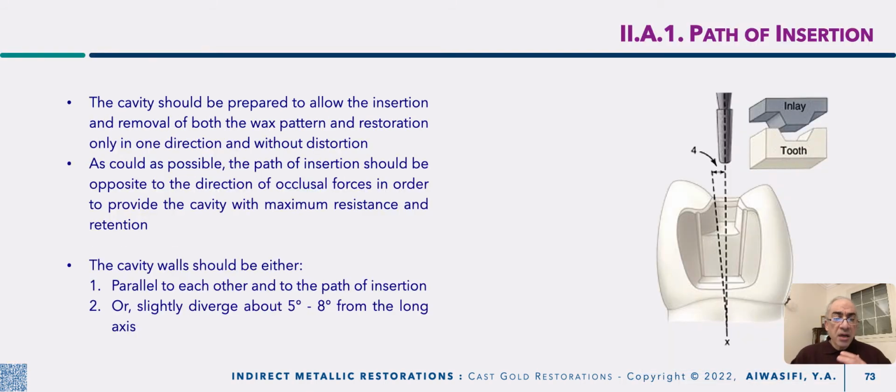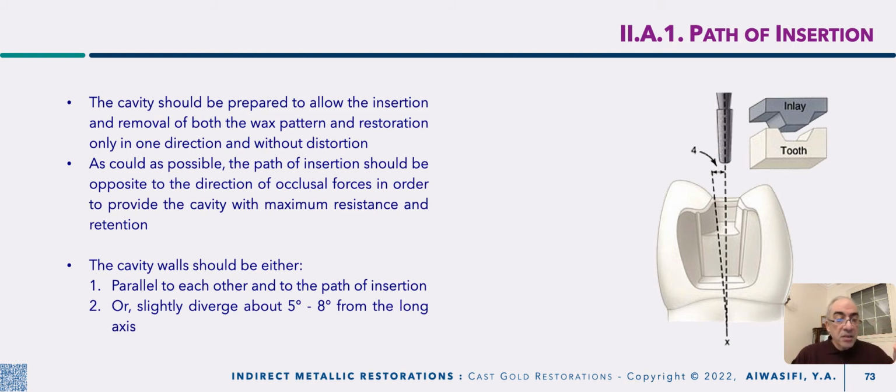As being indirectly prepared material, you are in need to define a path that allows insertion and removal of both wax pattern and restoration in a definite path without distortion, especially wax pattern in one direction.